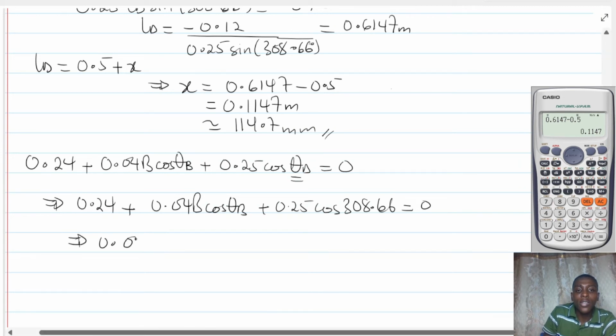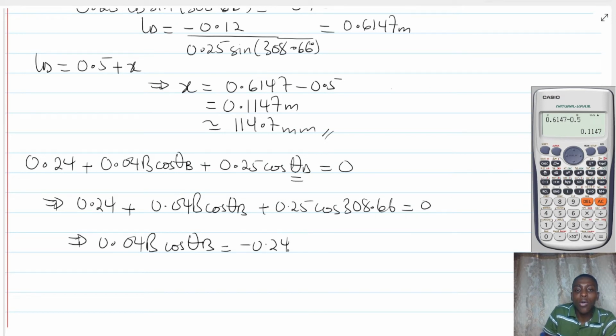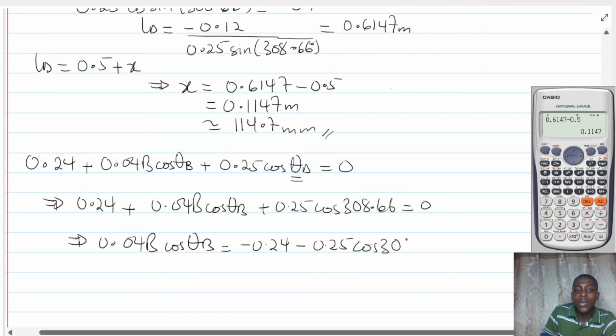Solving for this, I have 0.04b cosine theta b should be equal to minus 0.24 minus 0.25 cosine 308.66.